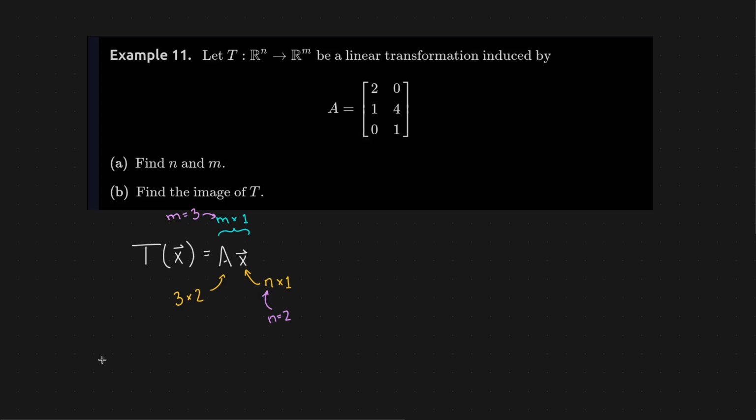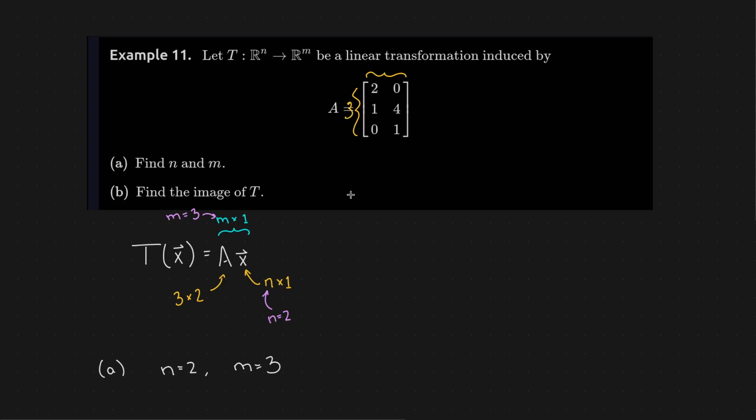So for part A, n has to be 2, m has to be 3 in order for the matrix multiplication to make sense, based on our current matrix A. Notice that A is a 3 by 2 matrix, so the number of columns of A is the dimension of the domain of the linear transformation induced by that matrix.